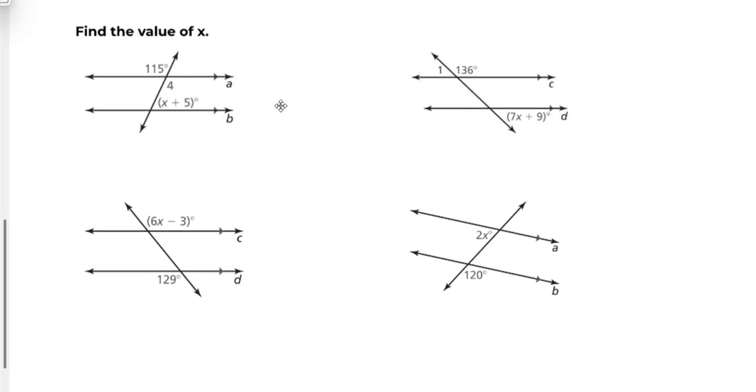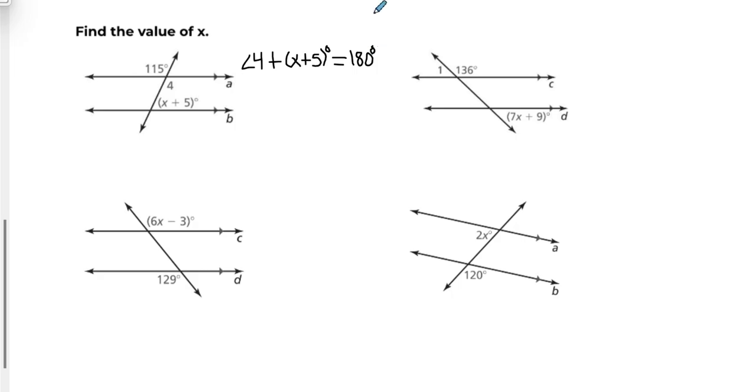So let's go ahead and write that out. Once again, that would be angle 4 plus this x plus 5 degree measurement has to equal 180 because those two angles are supplementary. 180 degrees.